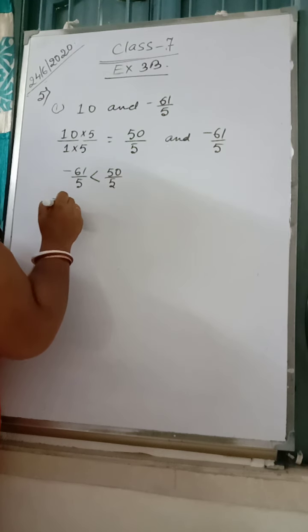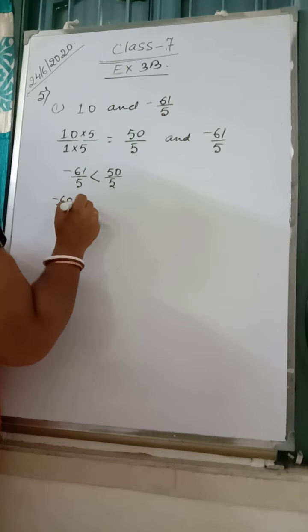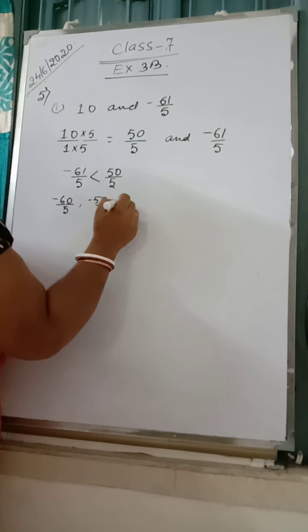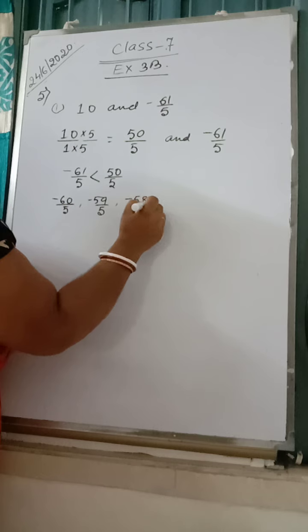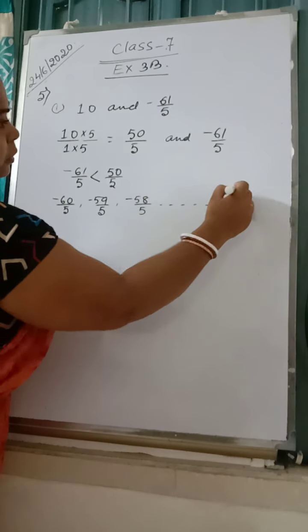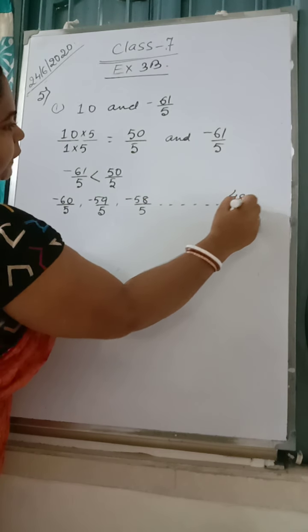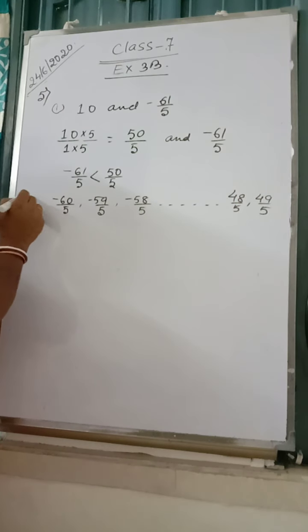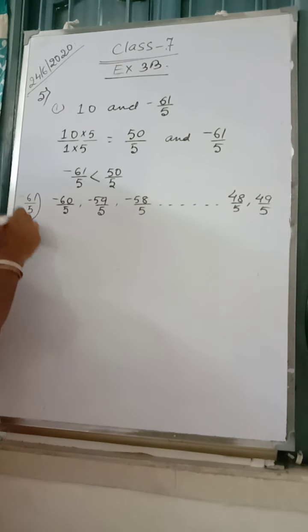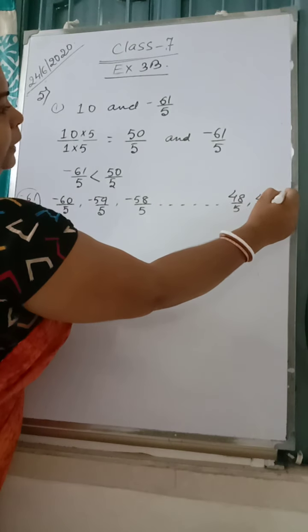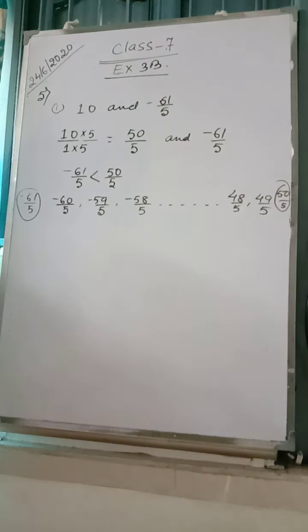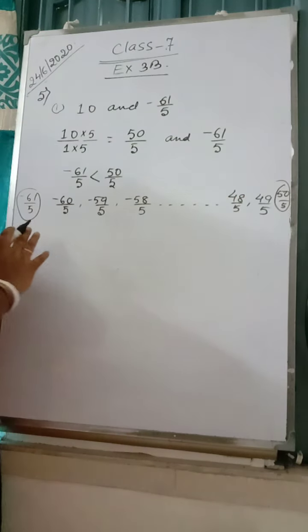So starting from minus 60 by 5, minus 59 by 5, minus 58 by 5, up to 48 by 5 and 49 by 5 are between minus 61 by 5 and 50 by 5. This many numbers are in between these two rational numbers.